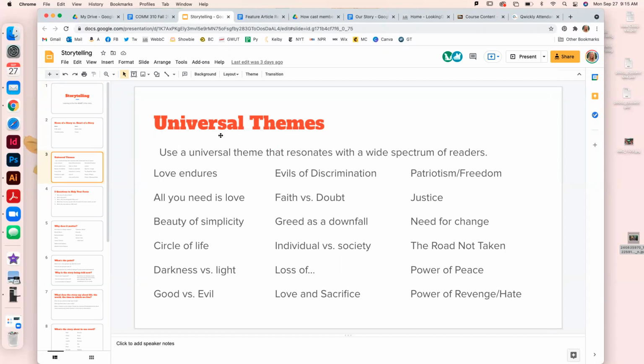Love endures, love conquers all. That's a big one. If you see the power of love in something, that's something that grabs people's hearts. All you need is love, beauty of simplicity. Sometimes the theme of life is we make things a lot more complex, and we're looking at a story that shows, sometimes it's taking a second and looking at life a little bit more simply.